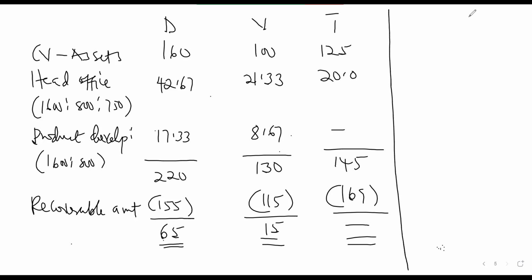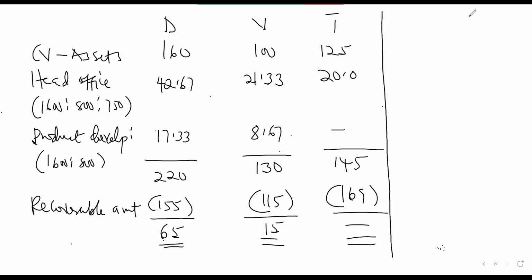But they are saying that we should find the carrying value of the CGUs and the corporate assets. How do you think the 65 impairment loss will be shared among the asset itself, the head office, and the product development? How are we going to share it? What are we going to use to share?